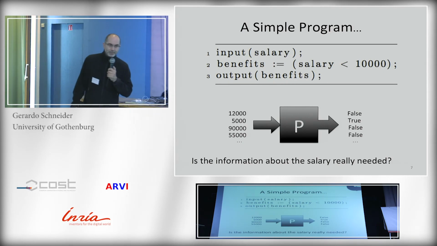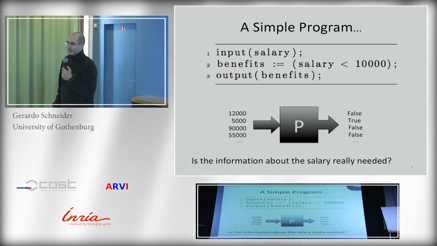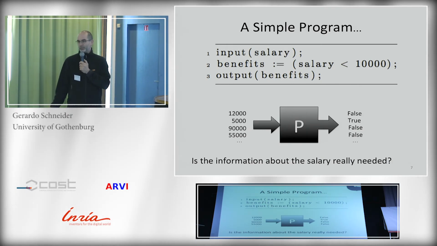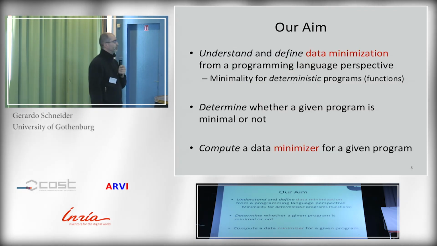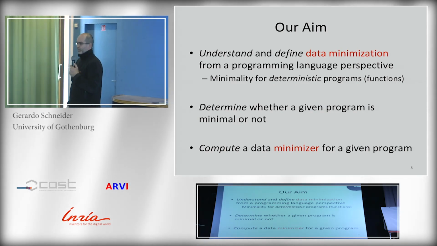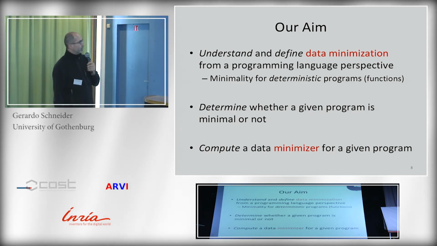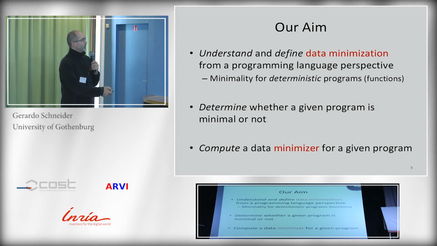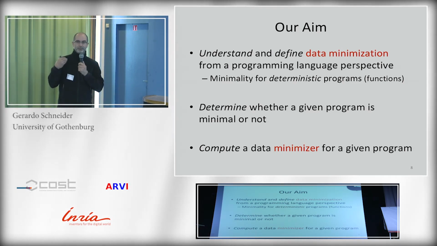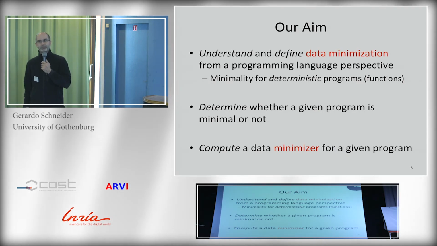So is the salary really needed here? And I think for this simple program, you already realize that really not. So this is somehow our first understanding or starting point, that we try to give a definition of data minimization based on this input-output relationship.